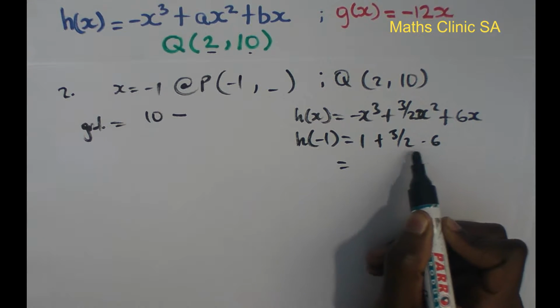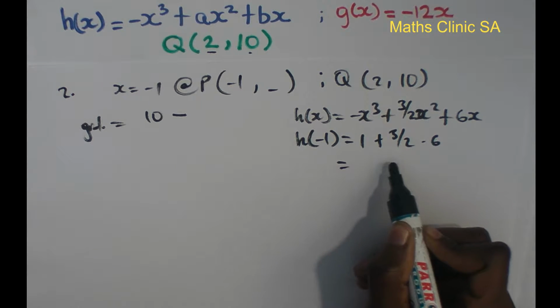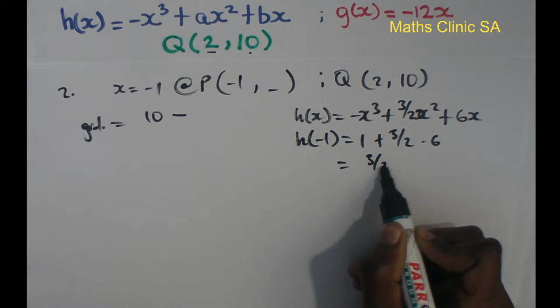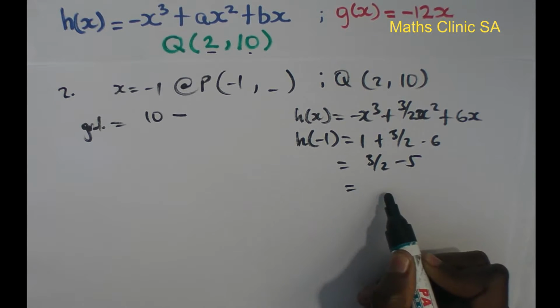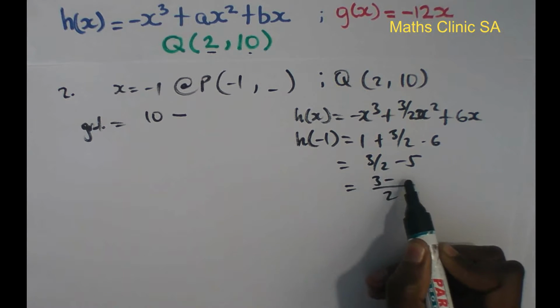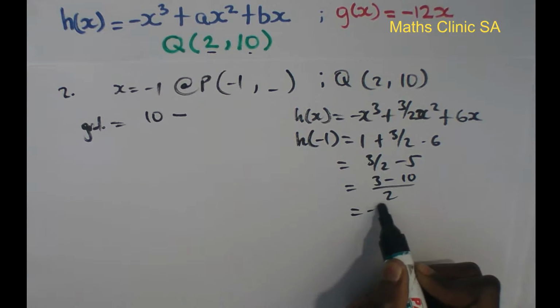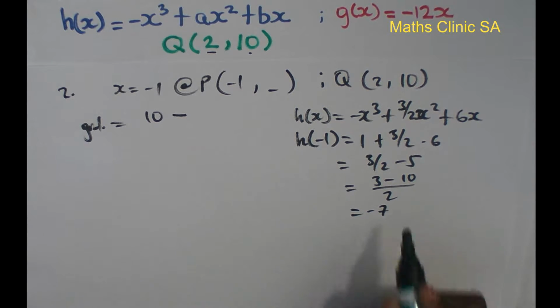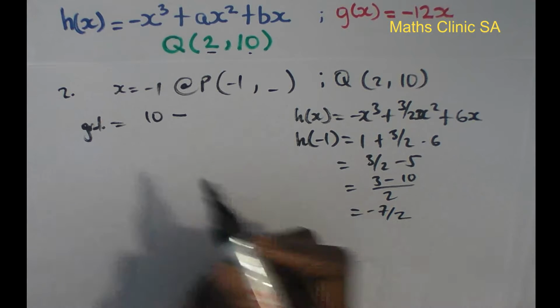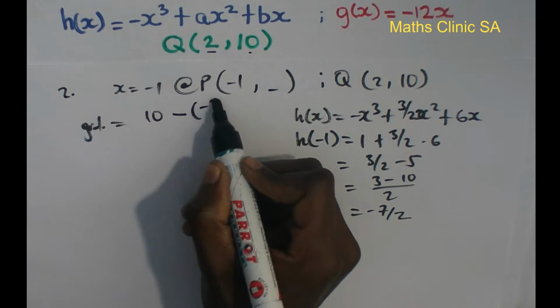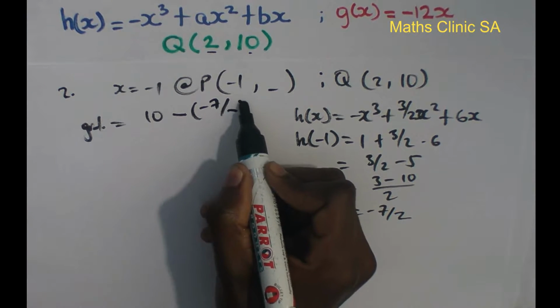So it's minus 5 plus 3 over 2, so it's 3 over 2 minus 5. So this is 3 minus 10 over 2, so it's minus 7 over 2.